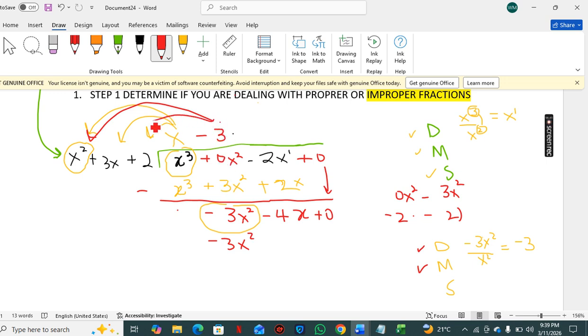Negative 3 times 3x, you get negative 9x. Negative 3 times 2, you get negative 6. That's why this is 0, we also attached it there. Okay. So we've multiplied. Any questions?